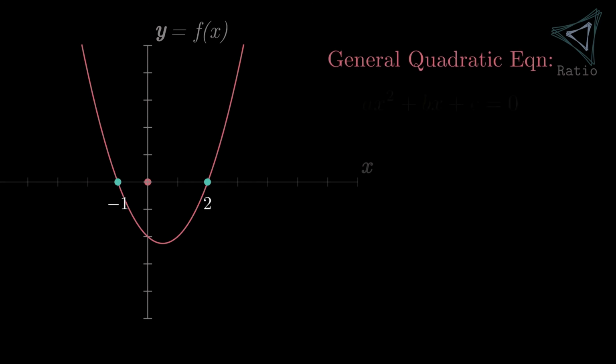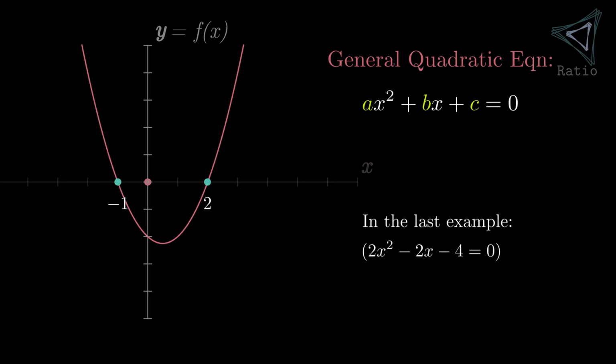Now that we have solved our previous problem, let's take quadratic equation in general form. ax squared plus bx plus c equals 0. Solving the general form will solve all the quadratic equations for us. For the last example, a equals 2, b equals -2 and c equals -4. But that's just one special case.